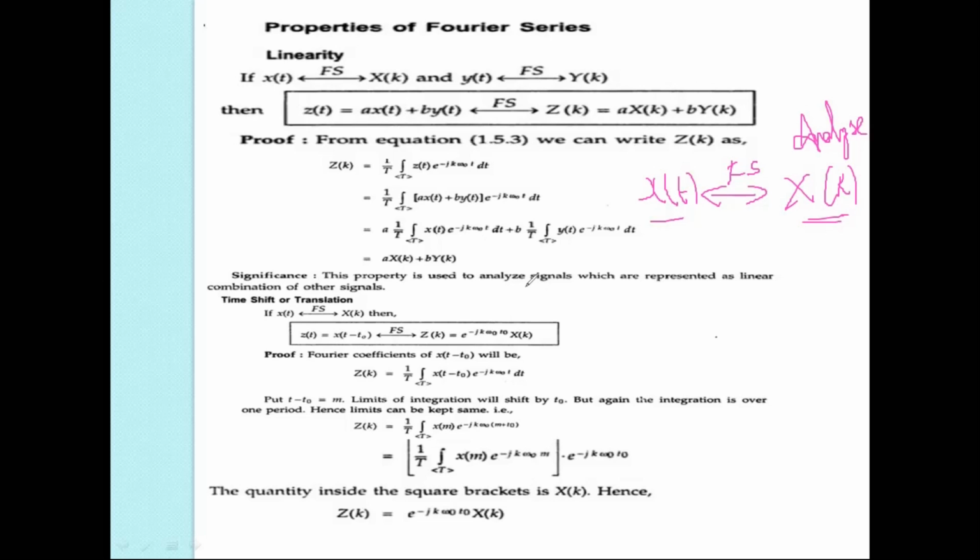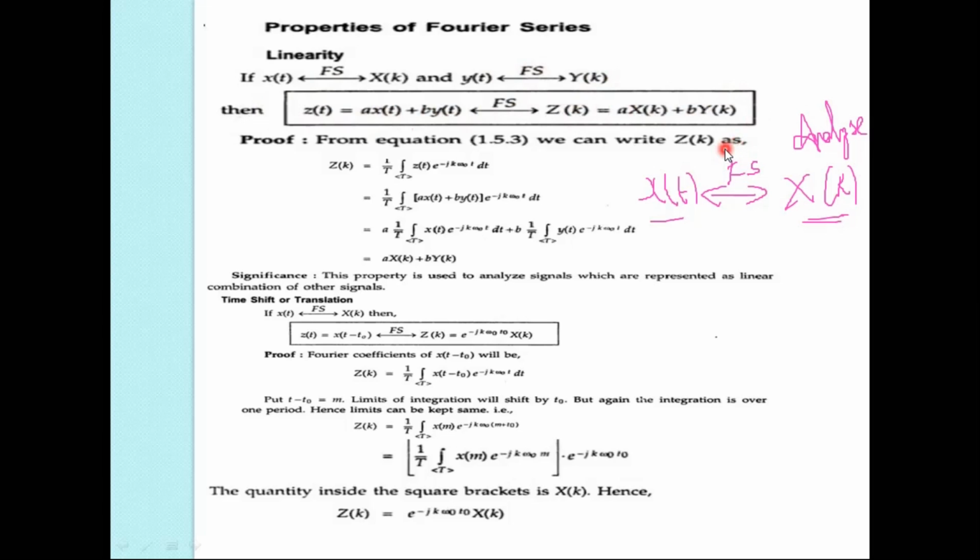And the second one, you can take y of t. y of t has the Fourier series relation with Y of k, then z of t is equal to a x of t plus b y of t. The Fourier series is Z of k equal to a X of k plus b Y of k.